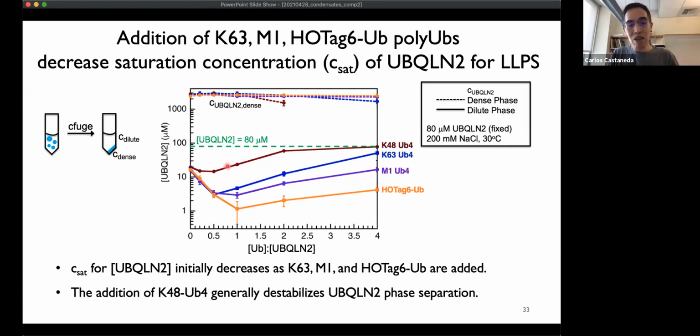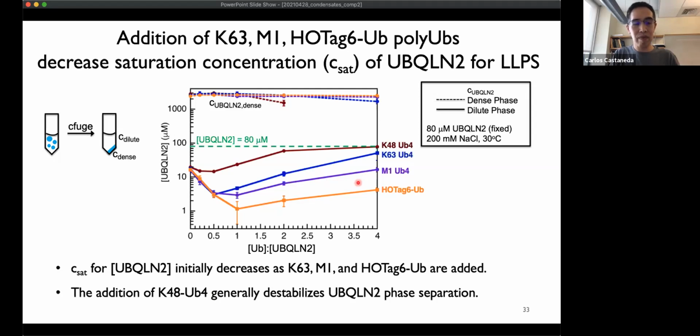And in fact, the order of this is exactly the same order as we saw with the enhancement of phase separation. K48 really doesn't do much to that saturation concentration of ubiquilin before eventually driving the disassembly of those droplets. So K48 generally destabilizes phase behavior, but you can see with these other chains, these saturation concentrations initially decrease before they come back up.